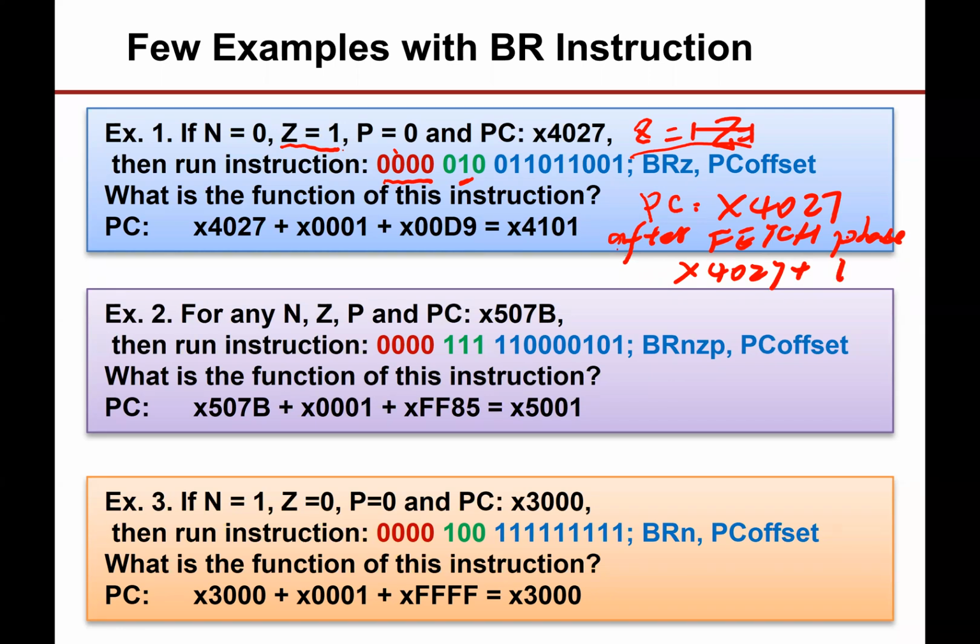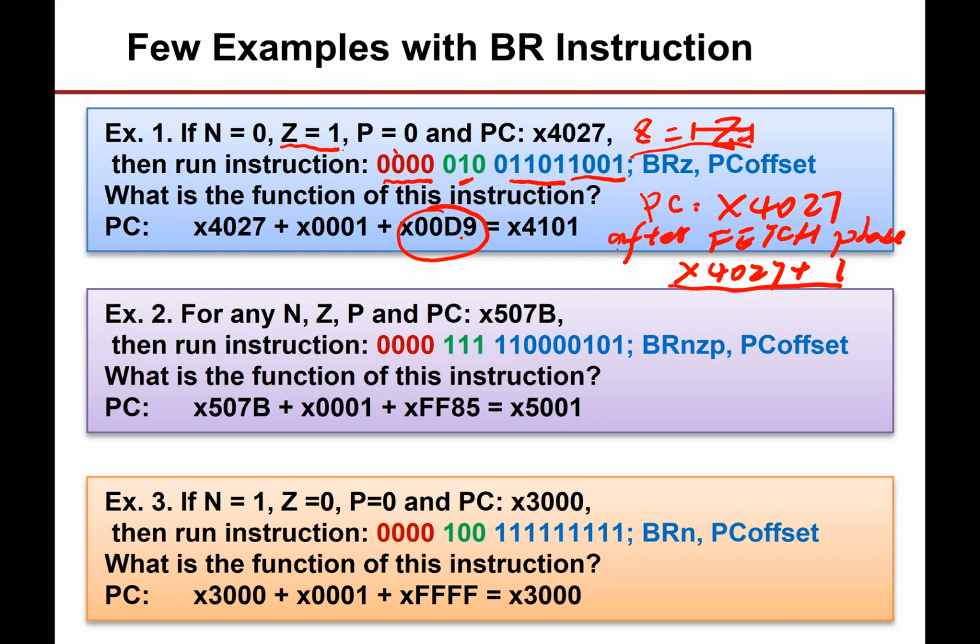And then use this one to calculate the new PC. This is the PC offset, right? So this is the new PC offset. It's 00D9, and then you can have the result. So this is the one.